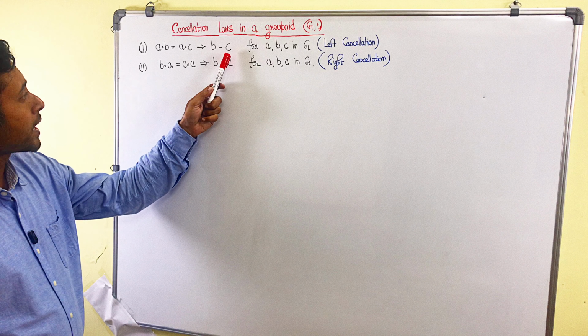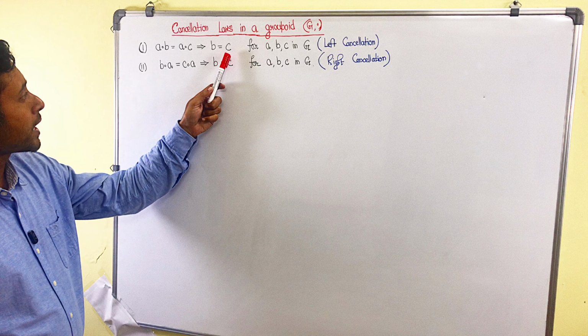Then certainly 0 times 1 equals 0 times 2, both of them are equal to 0, but this does not imply 1 equals 2. I mean, 1 is certainly not equal to 2. So here left cancellation doesn't hold. Similarly, right cancellation doesn't hold because this operation is commutative. So in general, cancellation doesn't hold in a groupoid.